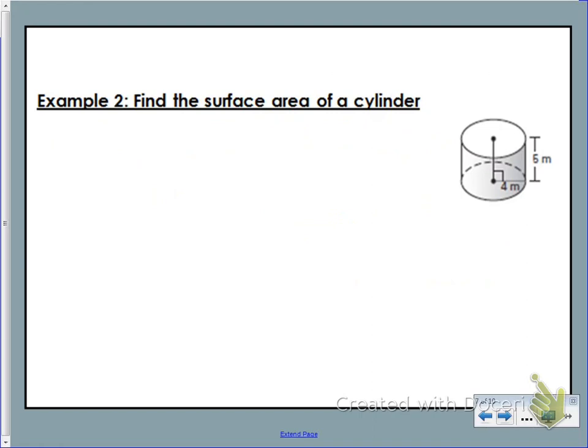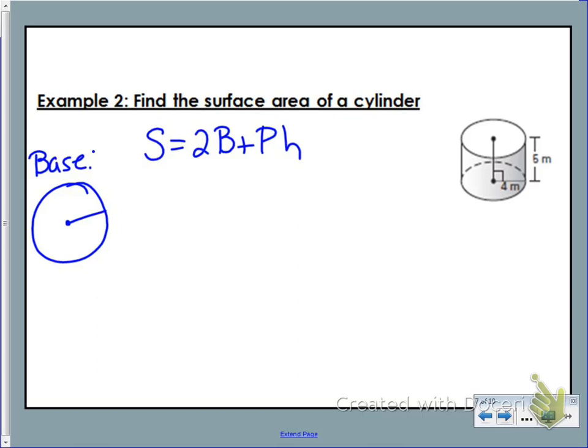Example 2 says to find the surface area of a cylinder. So again, we're going to start by showing the same work as we did prior. Start with your formula and a picture of what the base looks like. So keep in mind your base has to be the non-rectangular face. In this case, it's a circle with a radius of 4 meters.